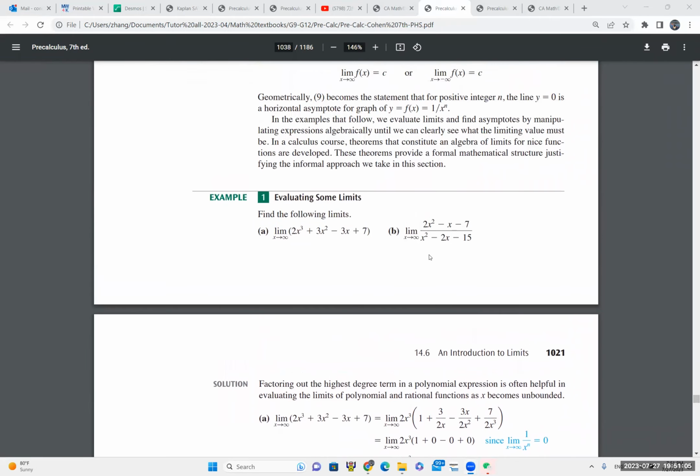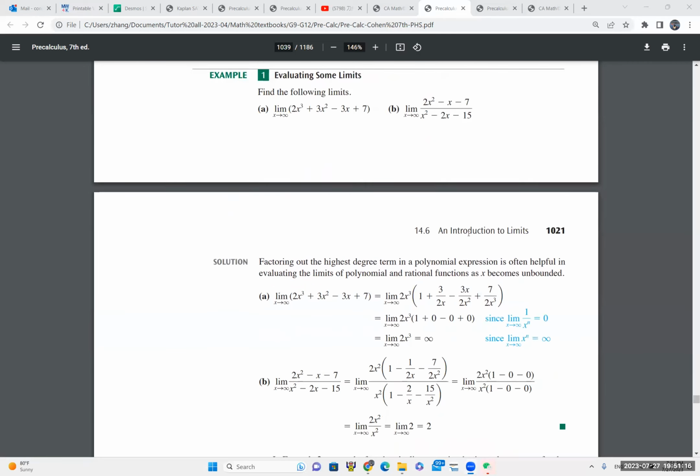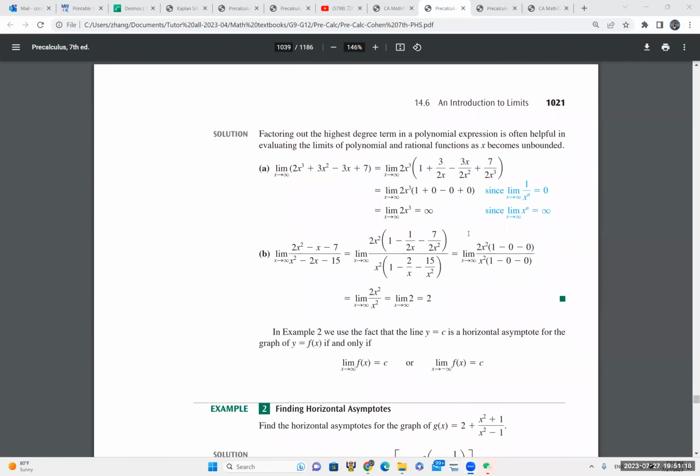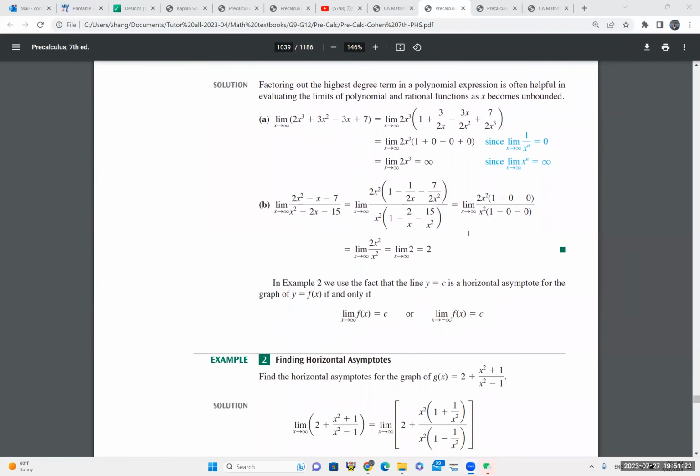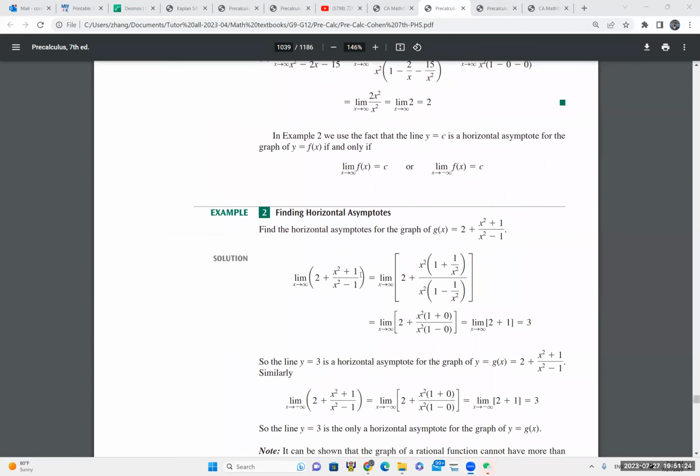That being said, if it's not easy to observe the limit, you should do some algebraic conversion, right? Finding the horizontal asymptote.